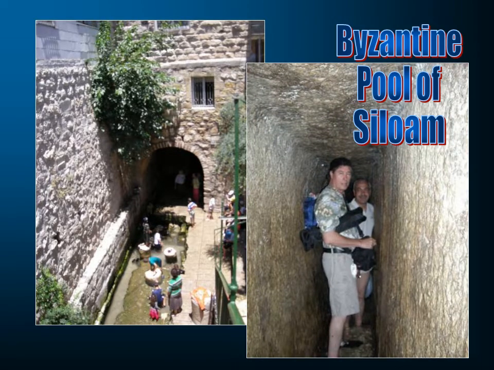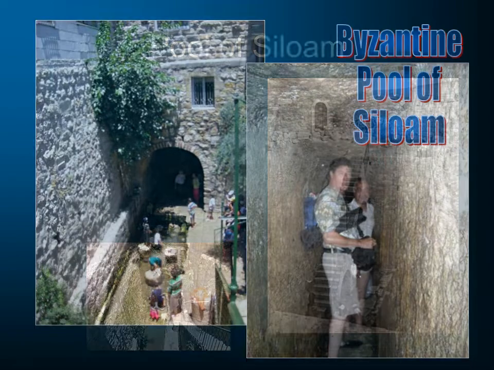You can go through that, and here we are standing inside Hezekiah's tunnel. The water is flowing along our ankles because it's summertime, sort of the dry season. It looks like it's well lit. It's not. That's the flash of the camera. We were holding these little tiny flashlights that barely put out any light at all.